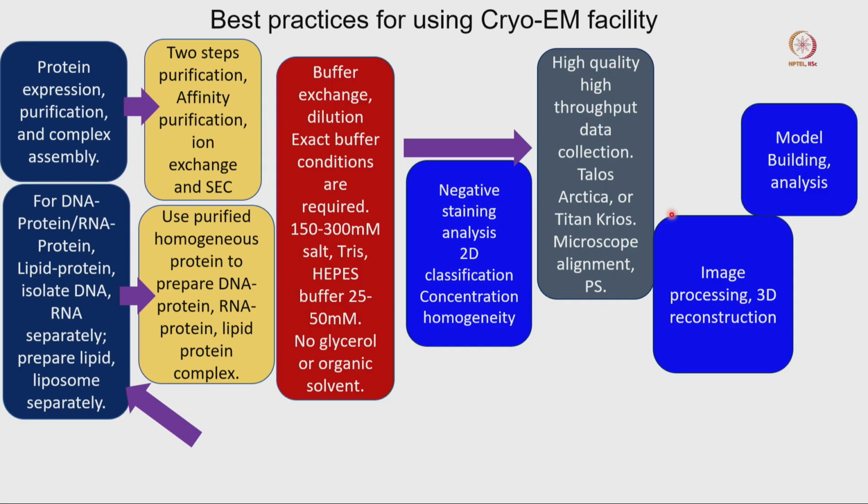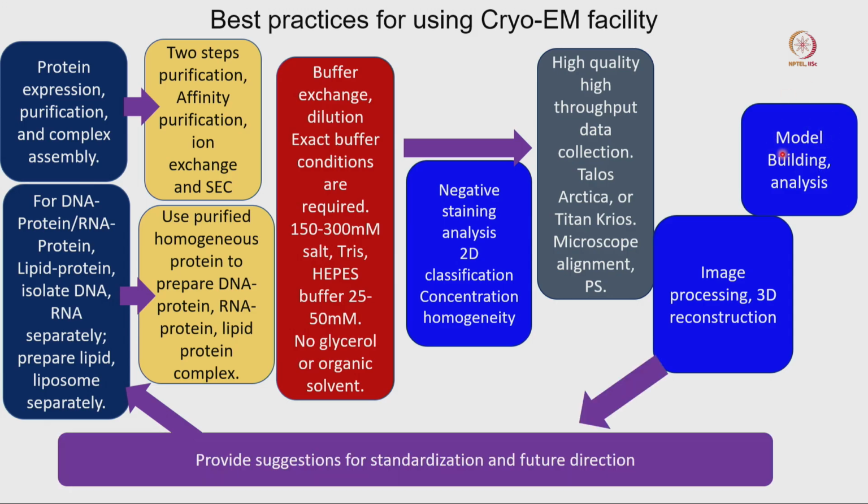Finally, you will go for the model building, which will give you a near-atomic model structure. If you cannot get a proper structure and there is a problem, from those experiments or optimization steps you will get some ideas, and you should implement those ideas in those steps.